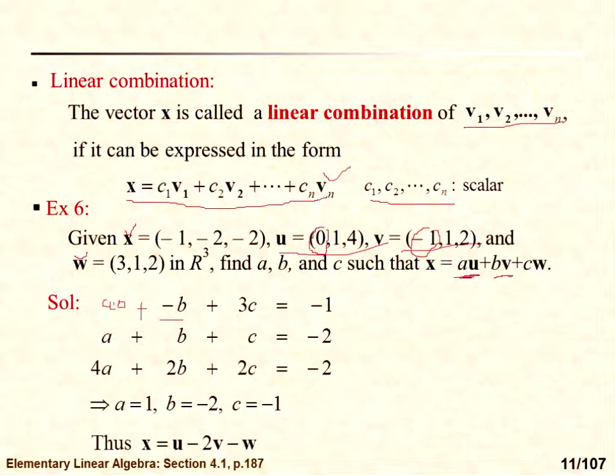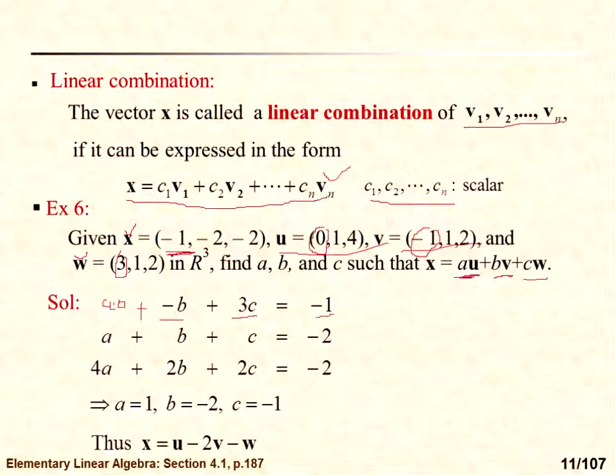The first element of v is -1, so we get b into -1. Similarly, I multiply c into w. The first element of w is 3, so c into 3, that is 3c. And it is equal to the first element of x, which is -1. So the first element is complete.